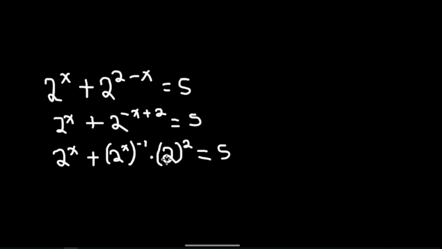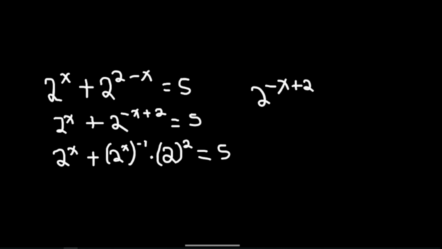Notice how I manipulated this so that, by using laws of indices, it gets me back to the one on top, because 2 to the power x multiplied by negative 1 is negative x, and when multiplying by 2 to the power 2, we maintain the base 2 and have negative x plus 2. So I haven't broken any laws mathematically.